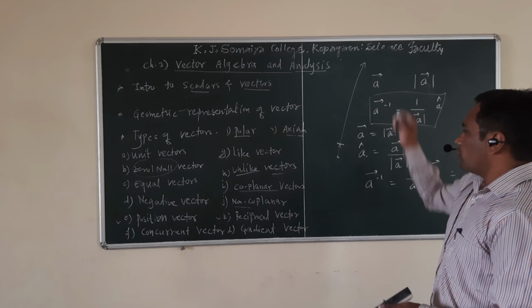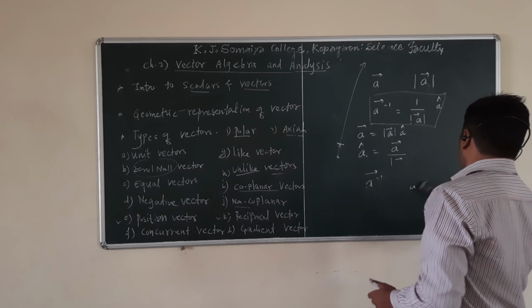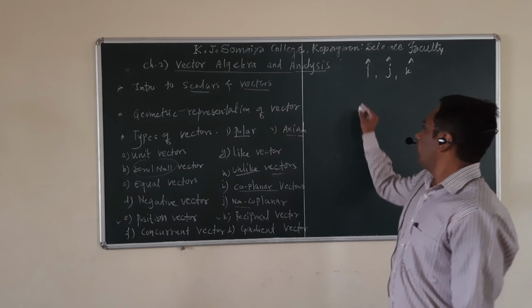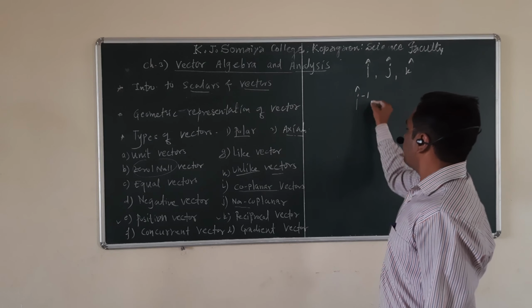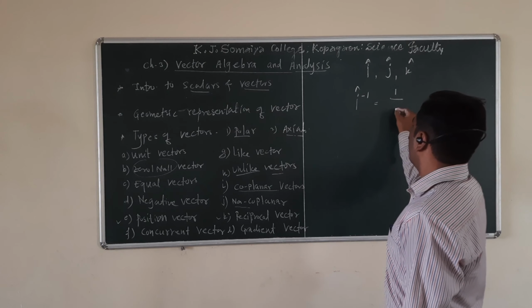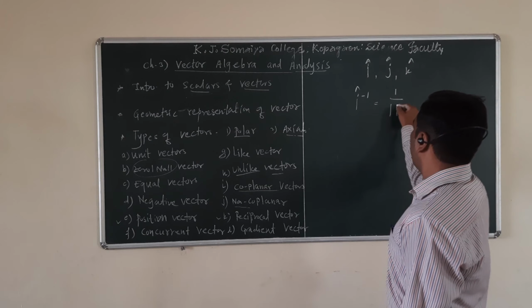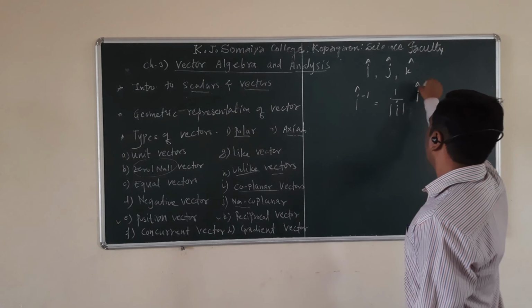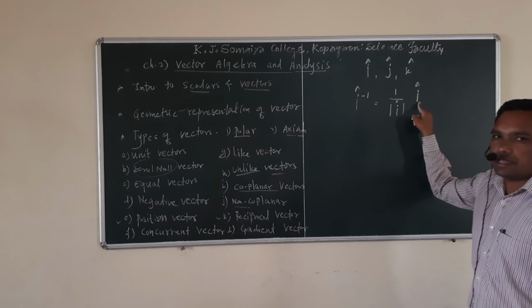Now another property of reciprocal vector is that we know the unit vectors i cap, j cap, k cap are known as self-reciprocal. Why? When we take i cap inverse, by the definition of reciprocal vector, we take 1 divided by the magnitude of i cap and multiply by the direction of i cap, which is nothing but i cap.